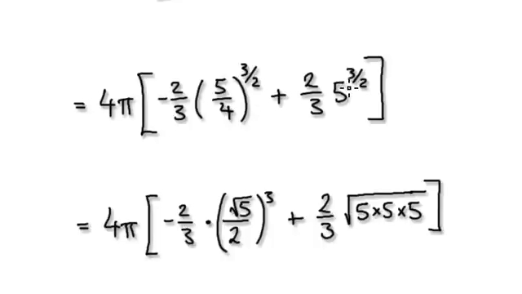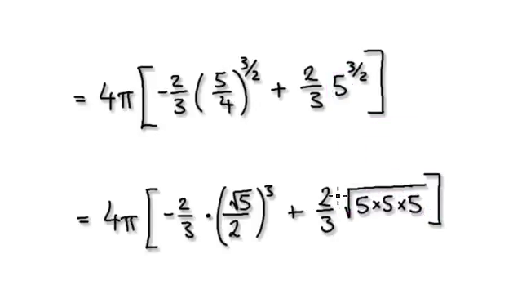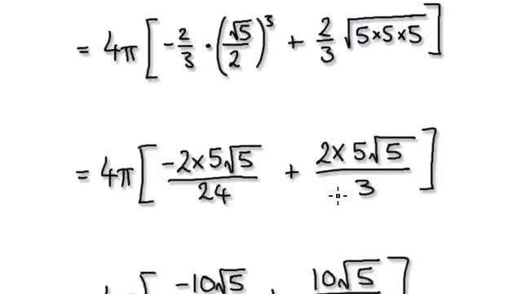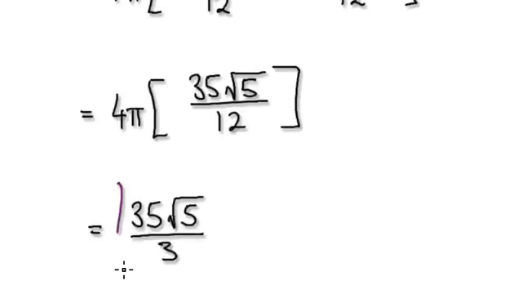Use whichever method you want, but here I've visualized this as a square root of 5 cubed. So this is 5 cubed, square root here. Use whichever method you want, tidy up, and then it will give you this.